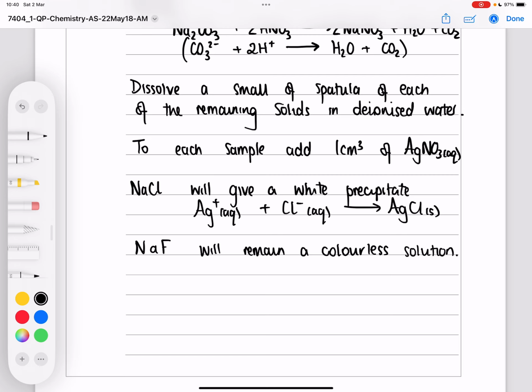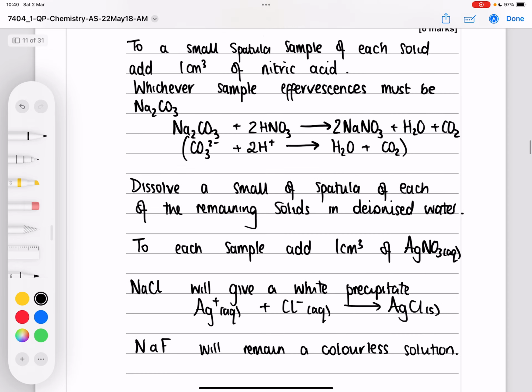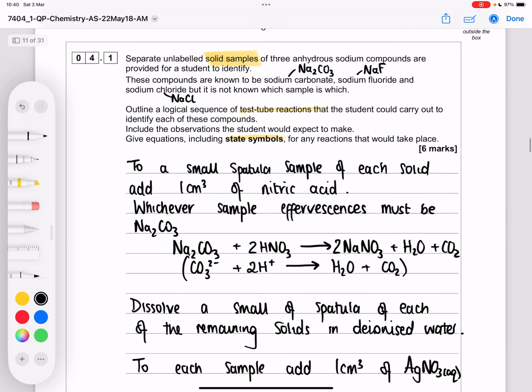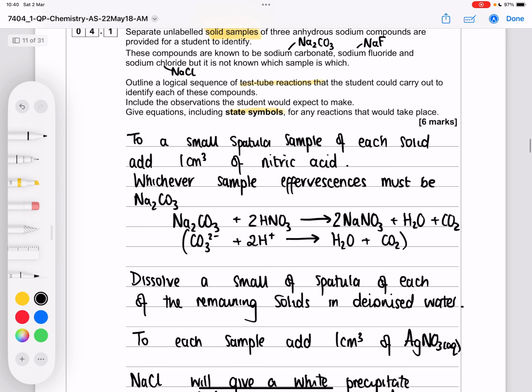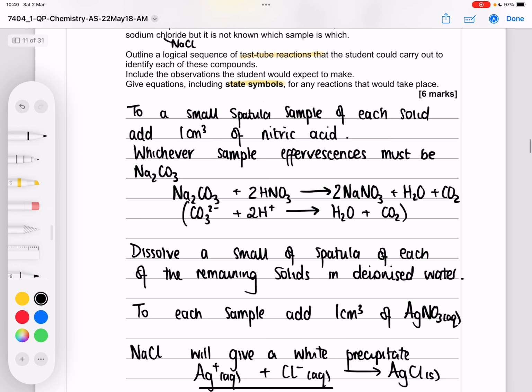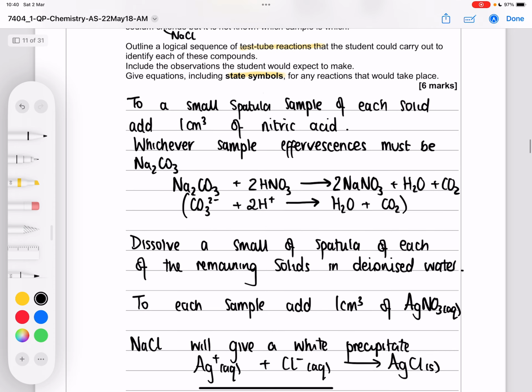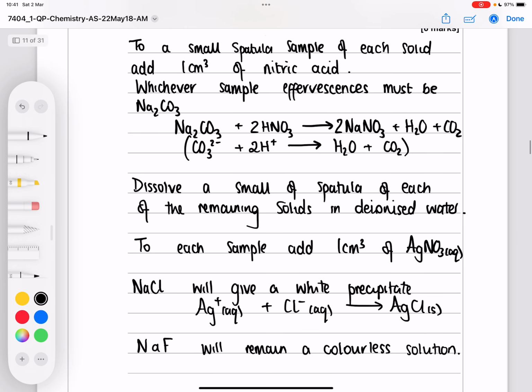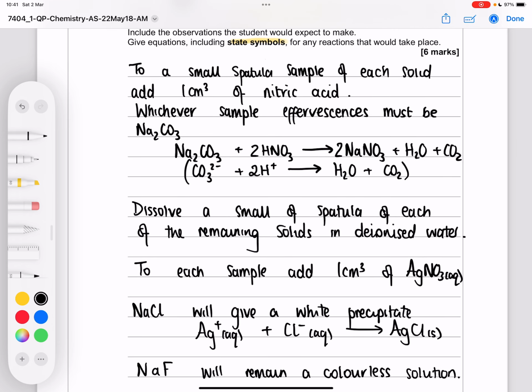So let's just go back and have a look that we've answered everything. So we've identified the 3 by a sequence of tests, a logical sequence. We've included observations that we'd expect to see. We had to give state symbols with all our equations. So let's just double check that we put state symbols on everything. So I have on the bottom equation, but notice that I didn't on the top. We used aqueous.